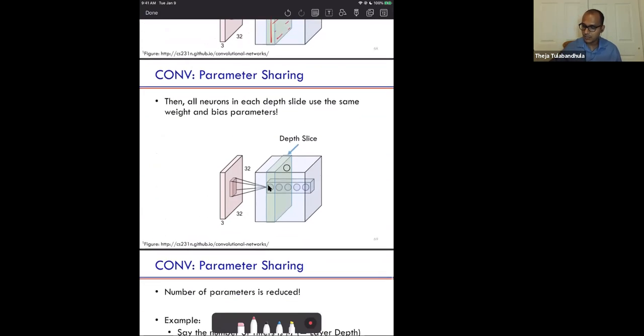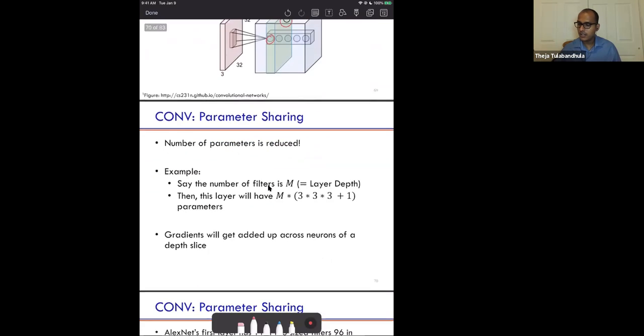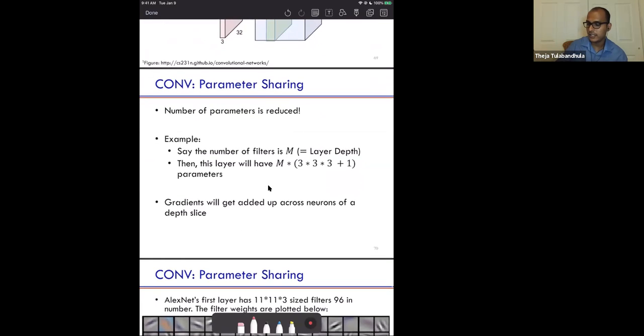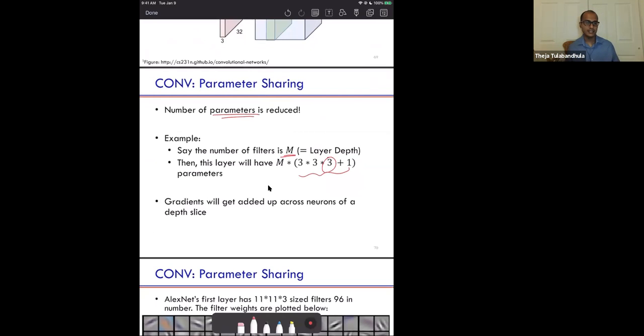So that's what I mean. This neuron here will also use the same weights and bias parameters as this neuron here, assuming both of them are on that green matrix. That essentially solves this issue of how you are reducing the parameters. If the number of filters is m, and each filter is a 3x3 filter, and the input is the image itself, then its depth is 3.